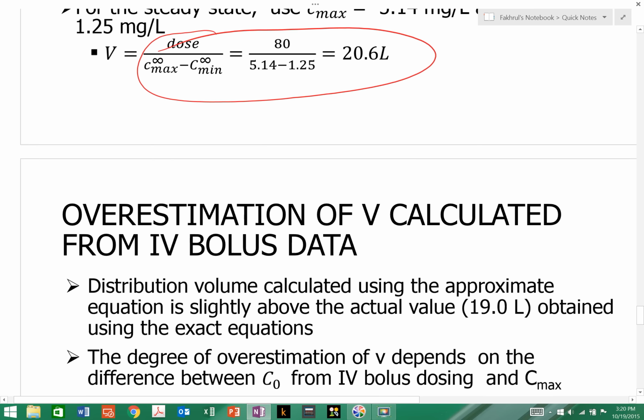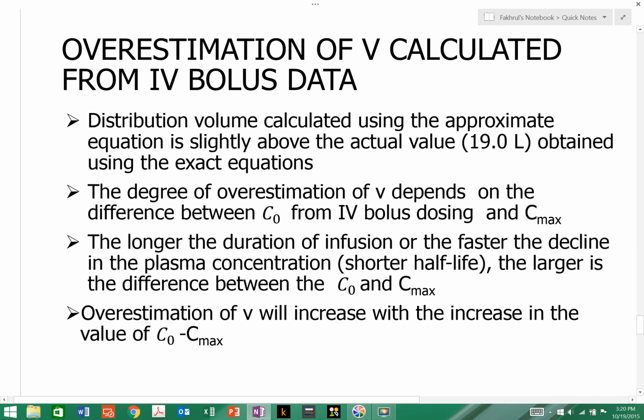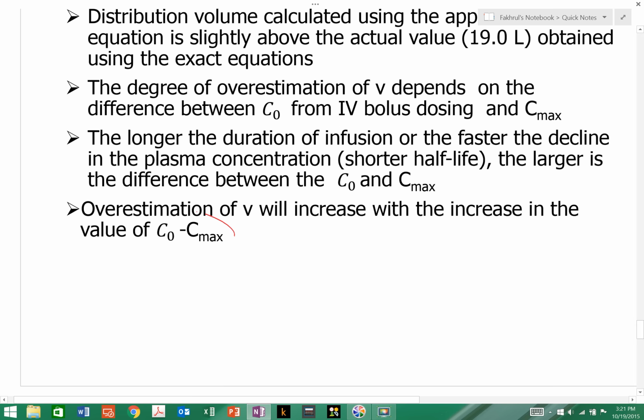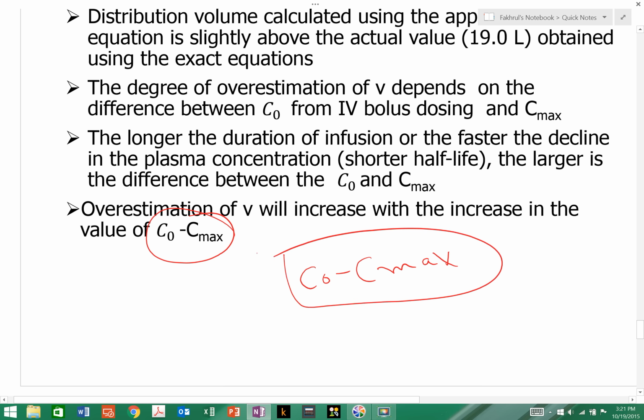The error is going to be high when this difference is big, so overestimation of V will increase with the increase in the value of C0 minus Cmax.